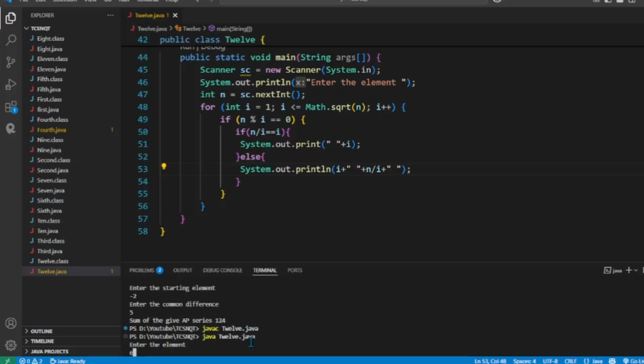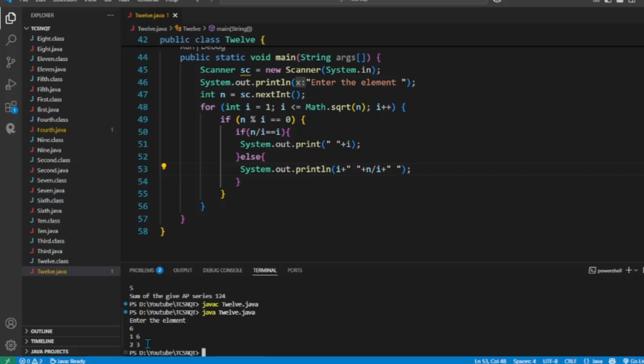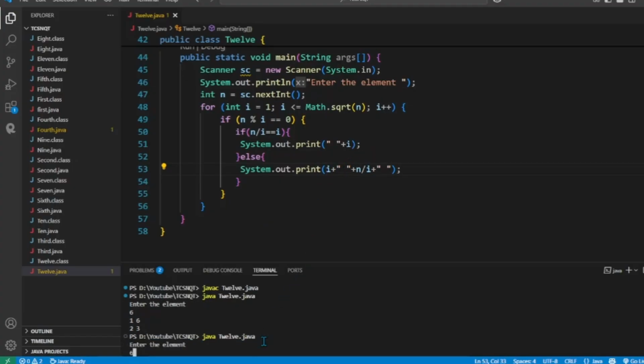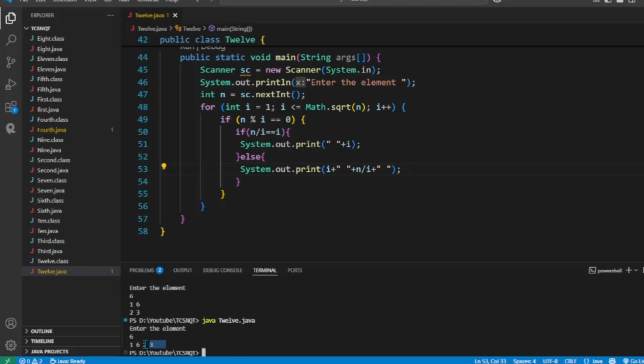Enter the number of elements, 6, and our output is 1 6 and 1 2. We remove this from here and run again with 6, so our factors are 1, 6, 2 and 3.